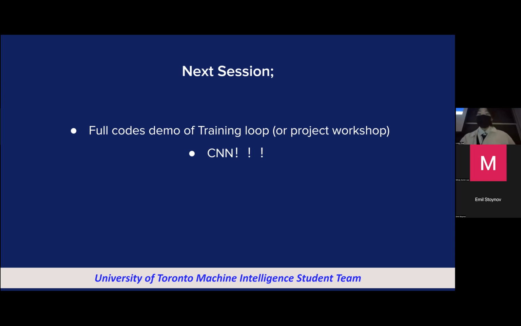And next session, we're going to talk about images and CNN. It's going to be pretty cool. That's convolutional neural network. You're going to learn how exactly we do this for images, because images are structured quite differently than the standard linear data that's given to us.